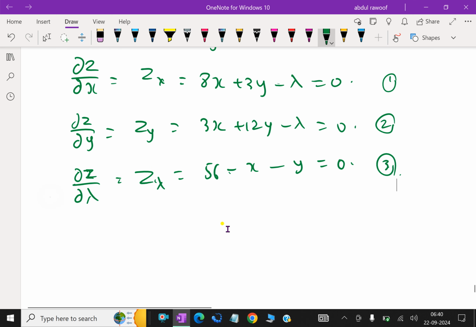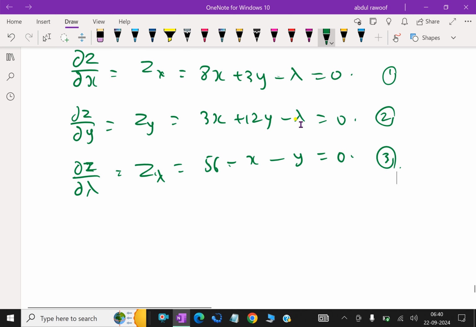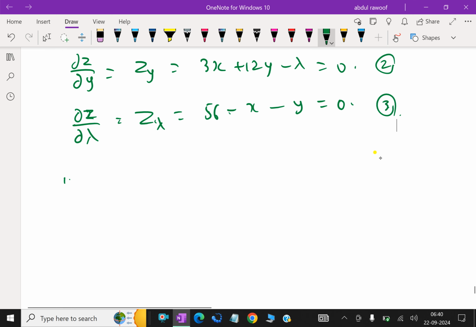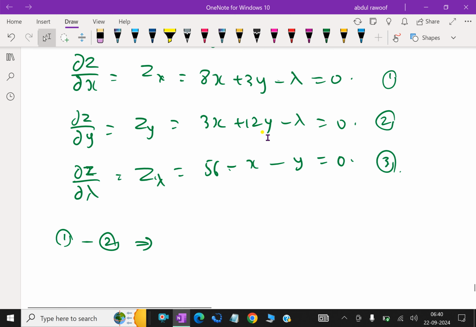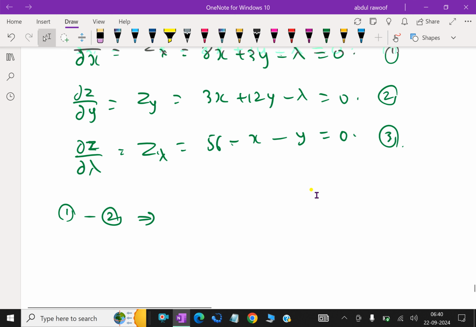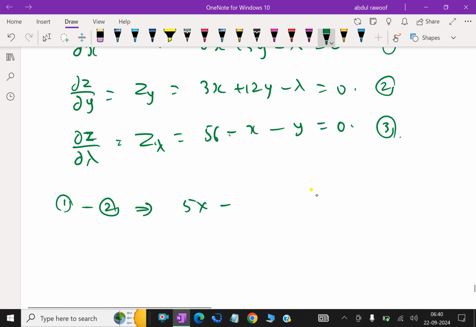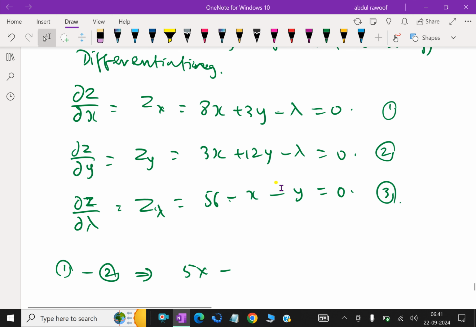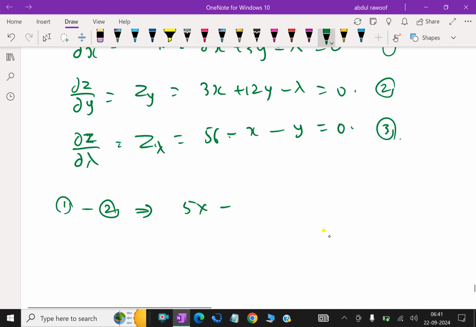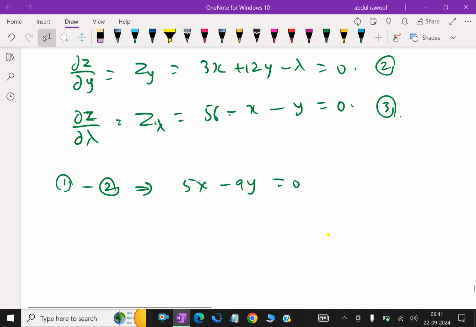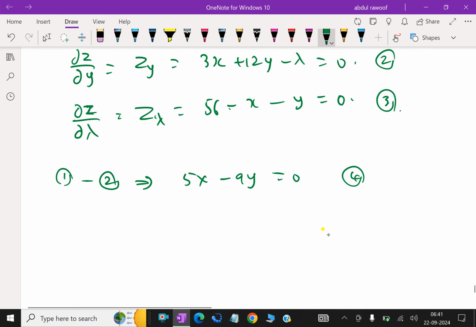Now look at here. First, from 1 and 2, subtracting 2 from 1, the lambda will cancel. 8x minus 3x is 5x, minus 3y minus 12y is minus 15y, equals 0. Let this be equation 4.